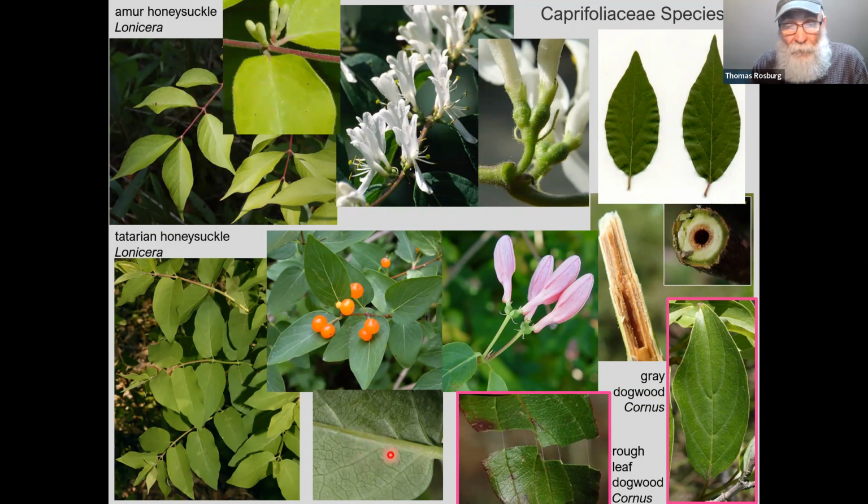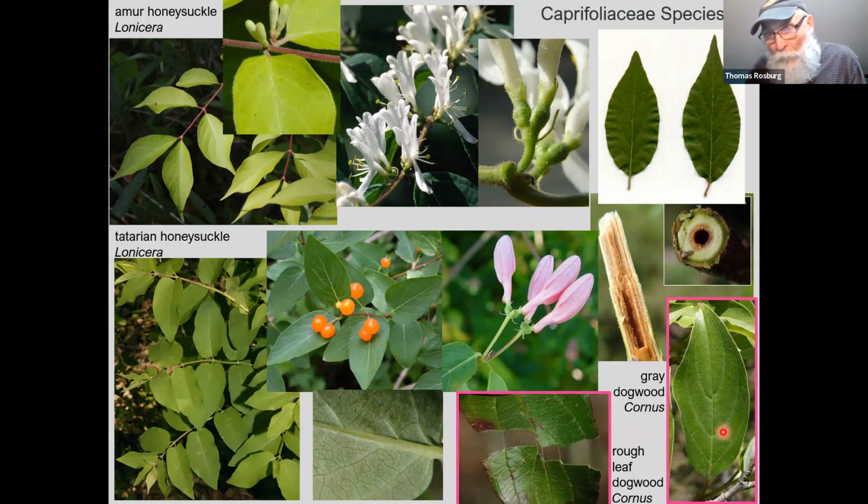And down here, this is showing the bottom side of the leaf of Tatarian honeysuckle. Tatarian is almost always glabrous. There's hardly any hairs at all on it, whereas Amur honeysuckle has at least some hairs. Sometimes they're mainly just along the edge of the leaf, like you can see here, but there's always at least some hairs.